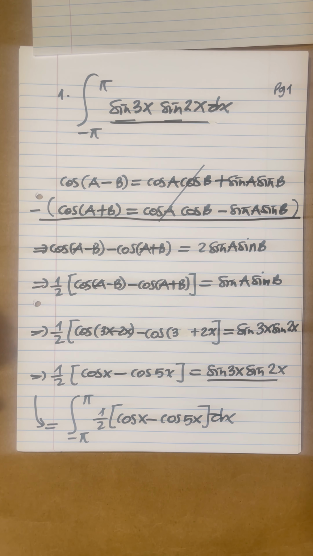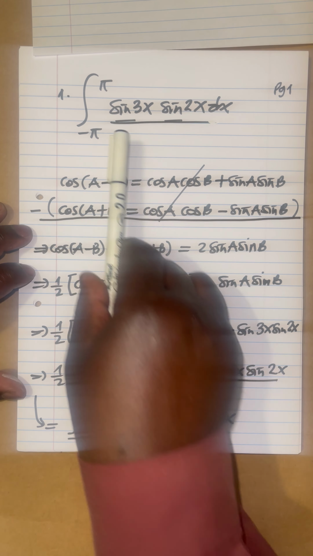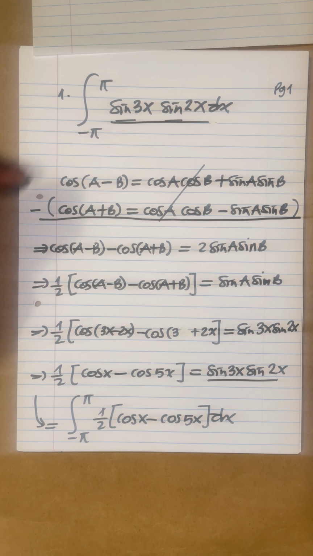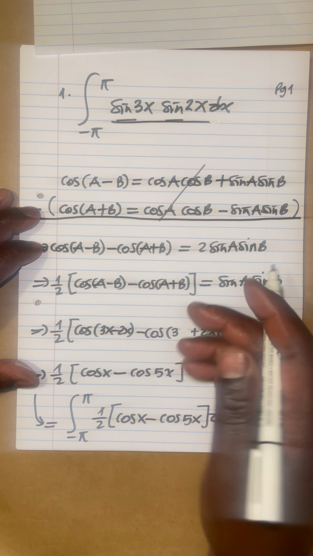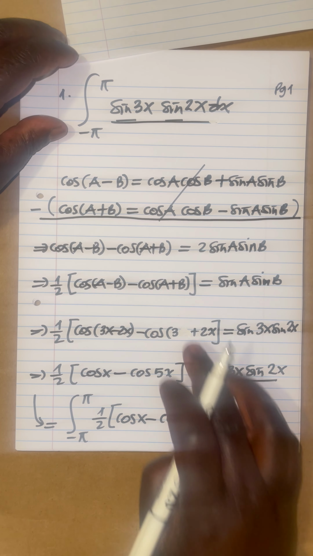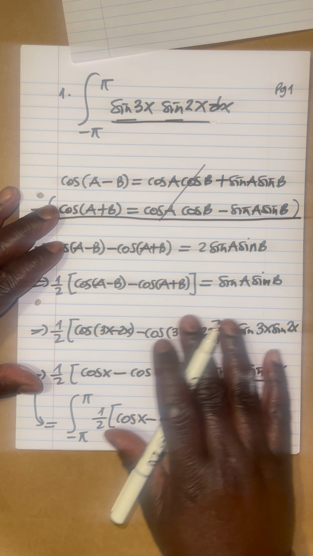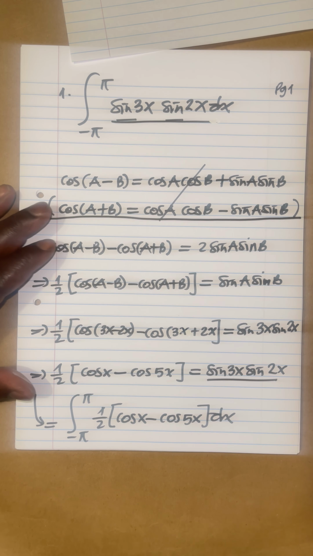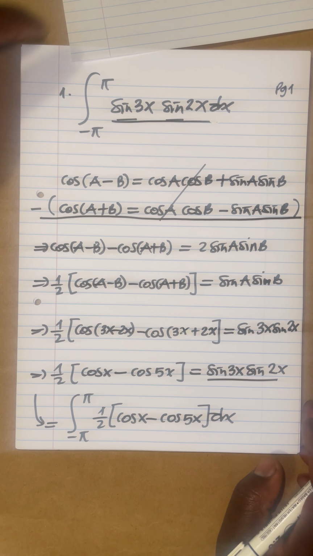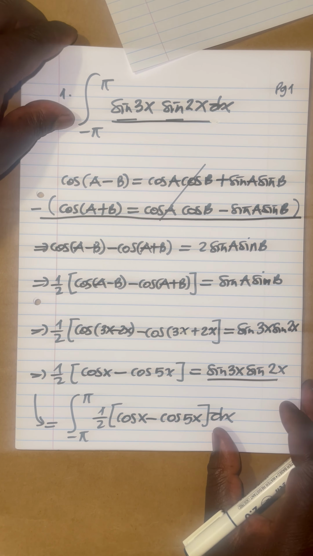Look at how easy that one is now. Instead of having sine 3x sine 2x, an expression very difficult to deal with, this one is much easier. Now let me fix this up. We need to have 3x there. Fantastic.